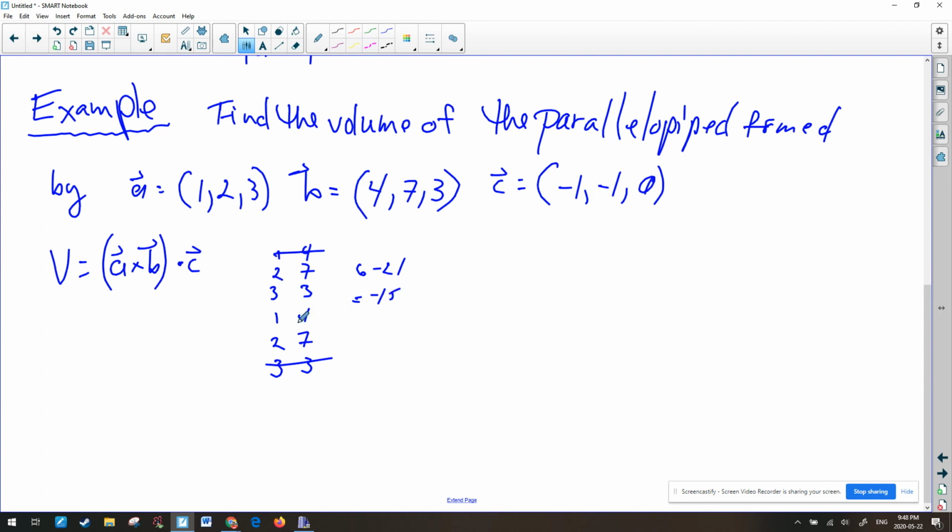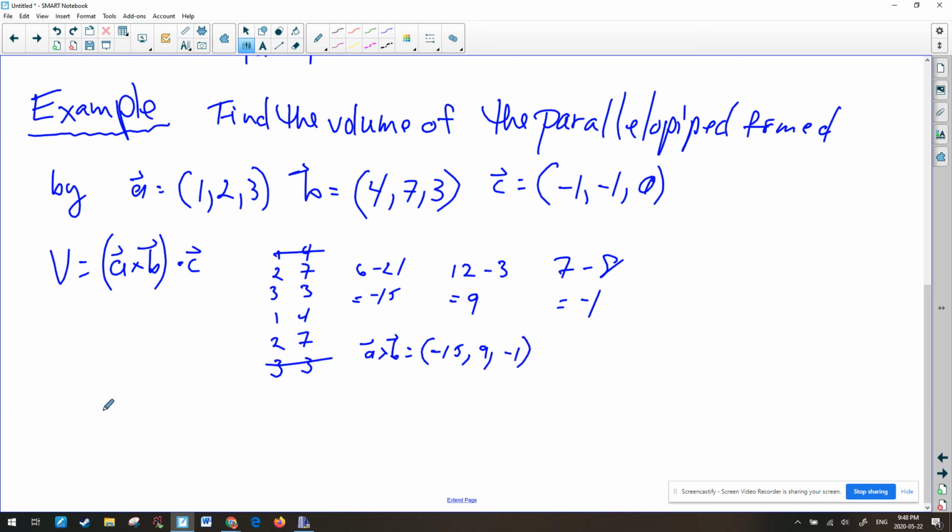And then we're going to have downy 12 minus 3. So 12 minus 3 is going to be 9, I believe. And then we're going to have downy 7 minus uppy 8. So 7 minus 8 is -1. So A crossed with B is going to be equal to -15, 9, -1.